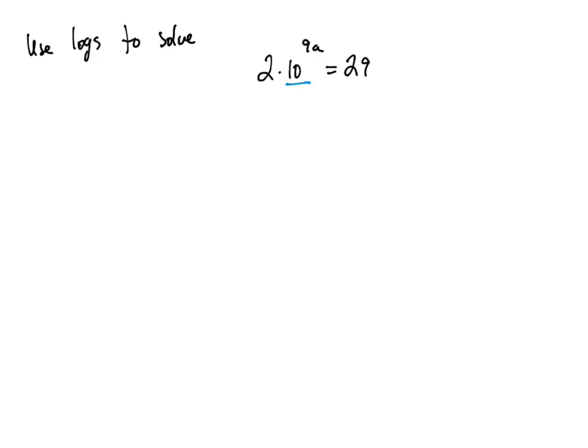All right, so I'm going to isolate the exponential expression first. So I'm going to divide both sides by 2. So 29 over 2. Now I'm going to convert this into a log equation. So remember, logs equal exponents, so the exponent is off by itself. The base is 10, and then 29 over 2 is 14.5.